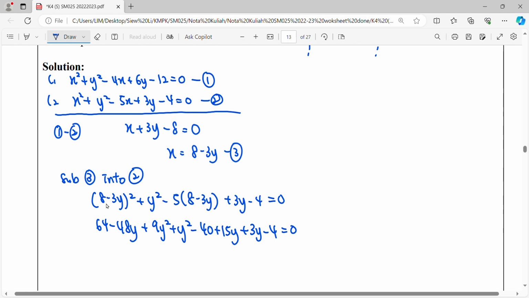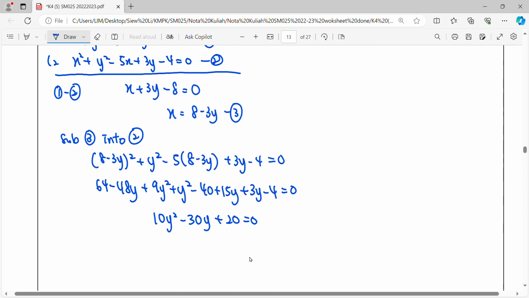When we rearrange the y squared, we have 10y squared. And then we have minus 48 plus 15 plus 3y, so it gives us negative 30y. Then the constant: 64 minus 40 minus 4, so it gives us 20. Therefore, we get a quadratic equation here. We simplify by dividing by 10.